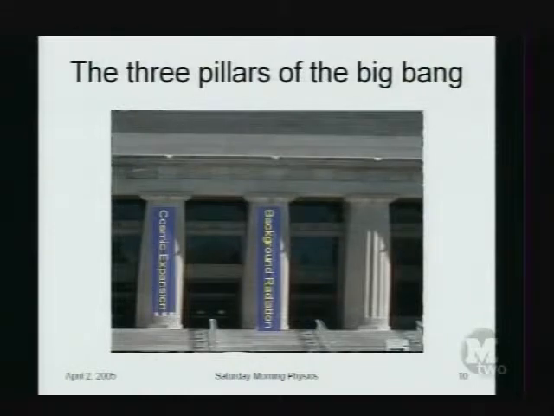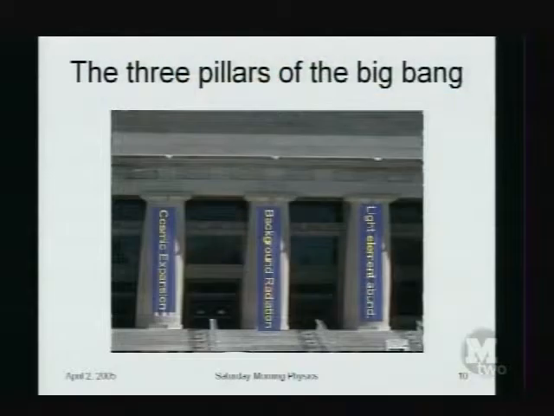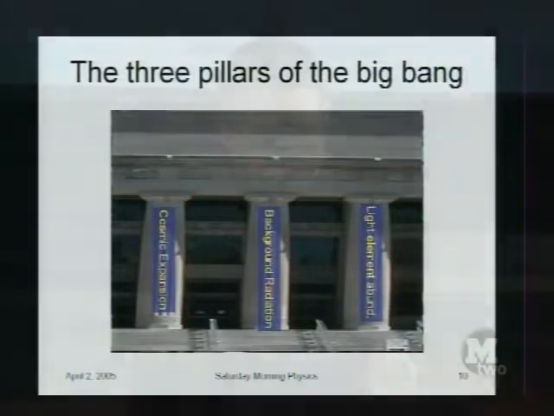The second part was this background radiation, which was predicted and then observed with just the properties that were predicted, a very important confirmation of the basic picture. And finally, there's the light element abundances, the fact that the elements that make up our world were cooked in a temporary furnace rather than a permanent furnace. So those are the three pillars of the hot Big Bang theory. And that's a quick summary of the things we talked about last time.